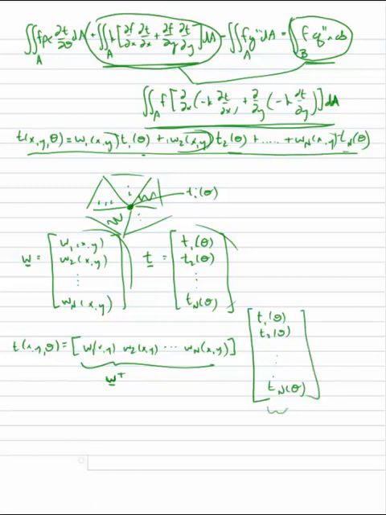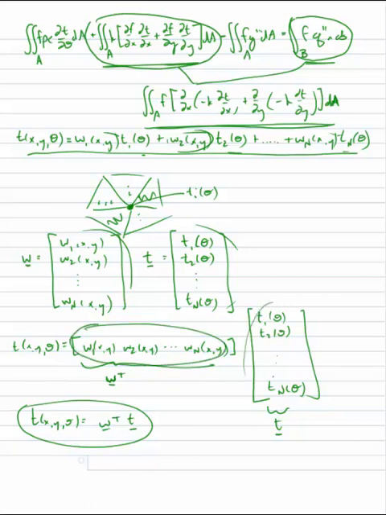Okay, so T is equal to W transpose times T, like that. Alright, so this is how we're writing T, right? We split it up into the spatial dependence and the temporal dependence.